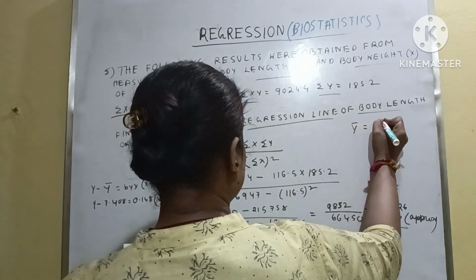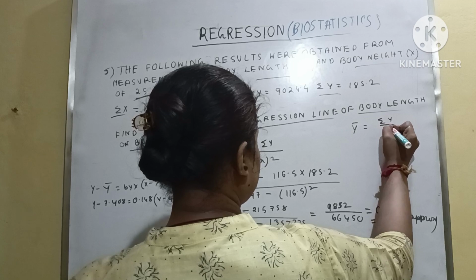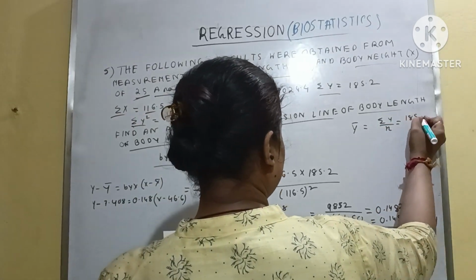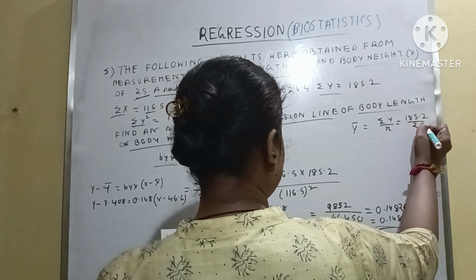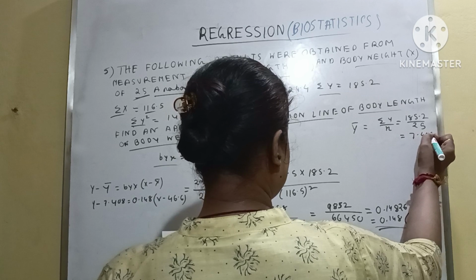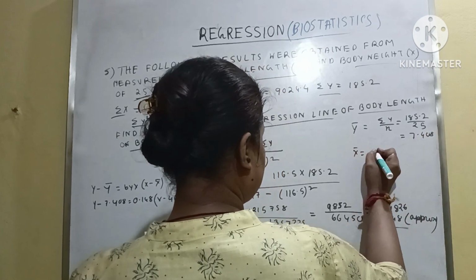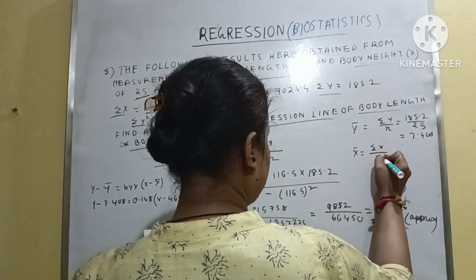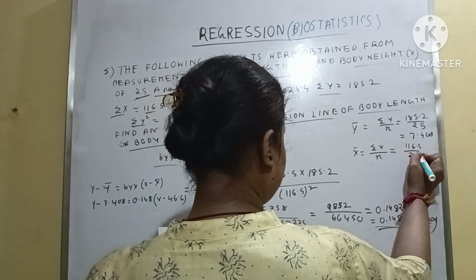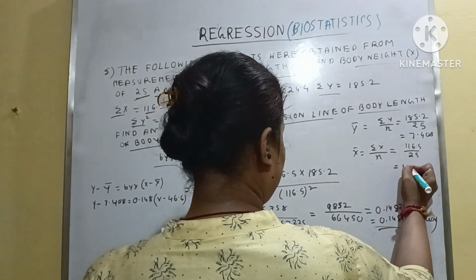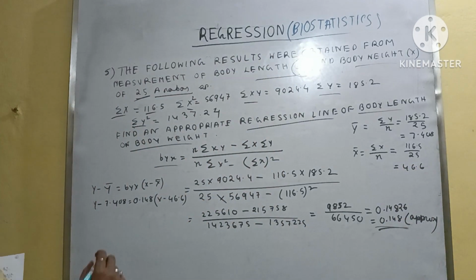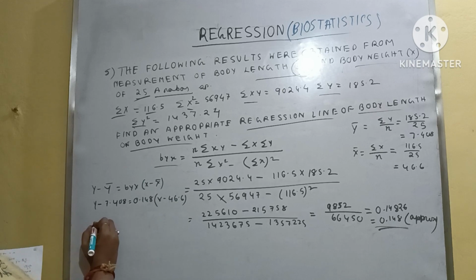Y bar equals summation of y by n, so putting the values, 185.2 by 25, the answer is 7.408. And x bar is summation of x by n, that means 116.5 by 25, so the value is 46.6. Clear?